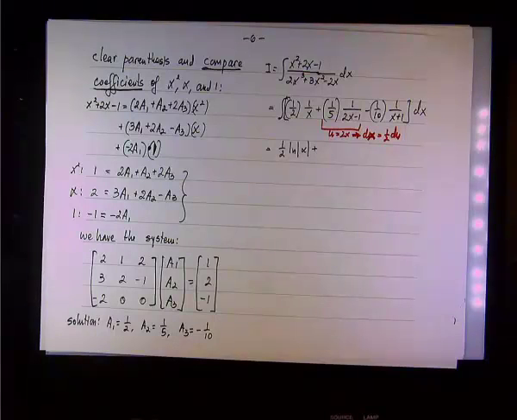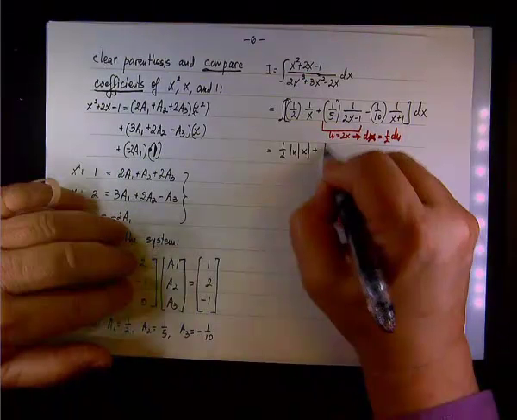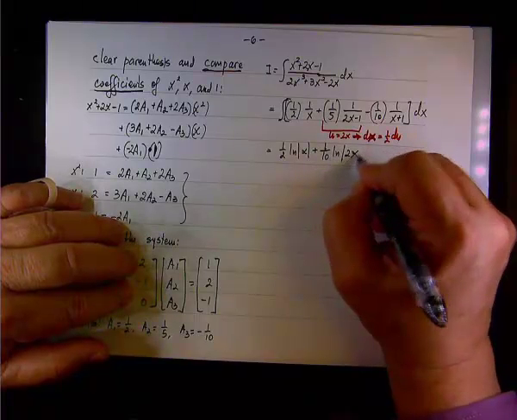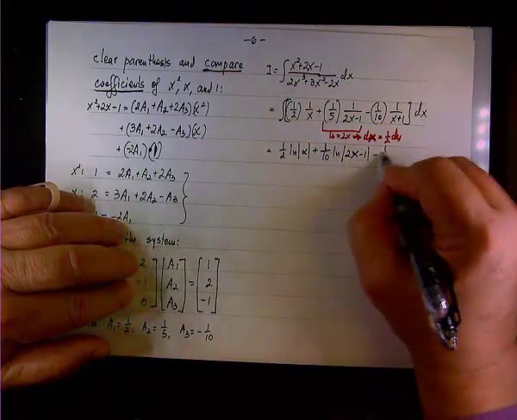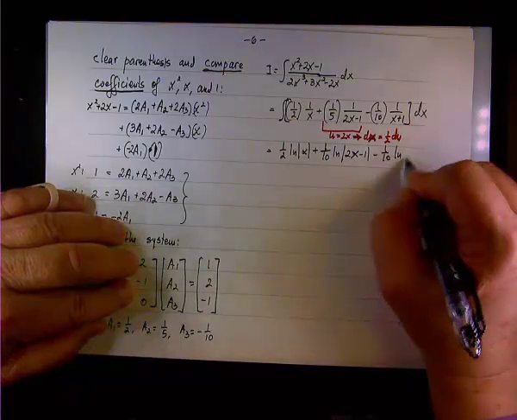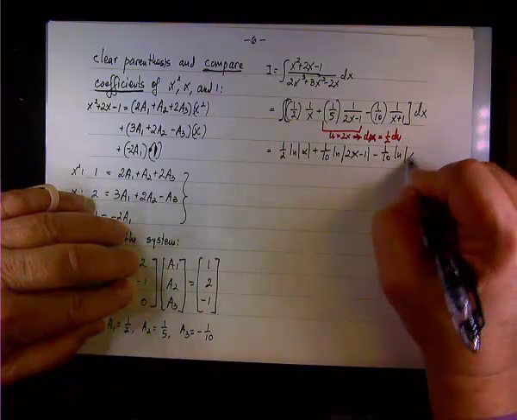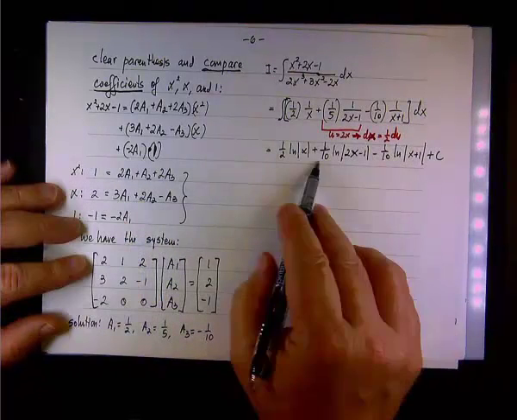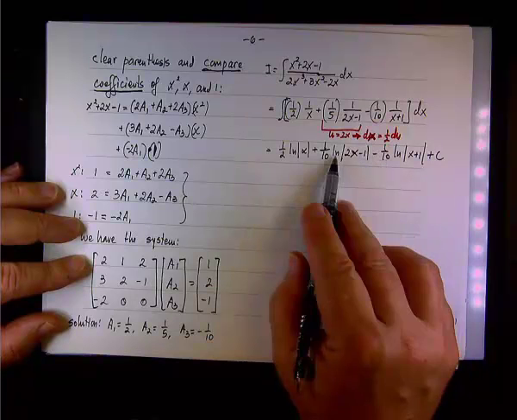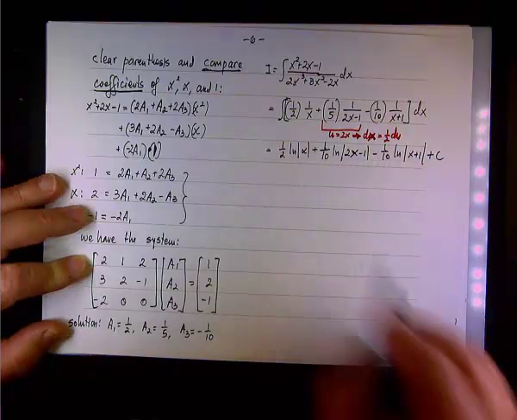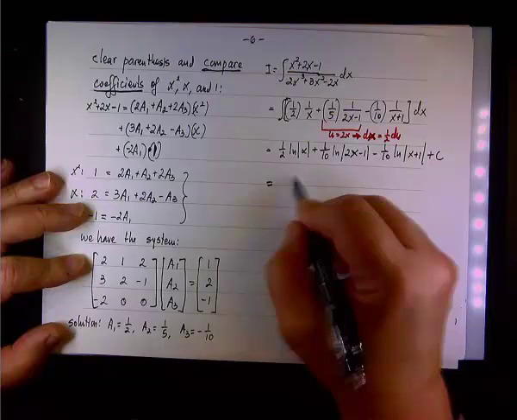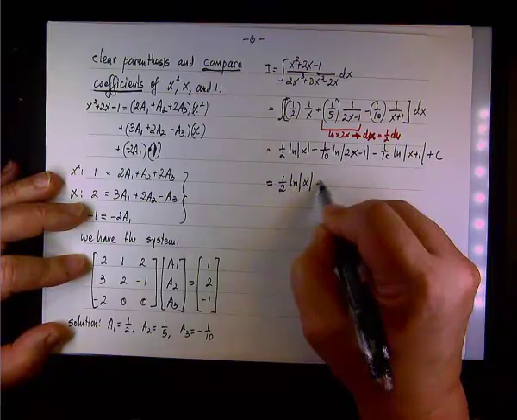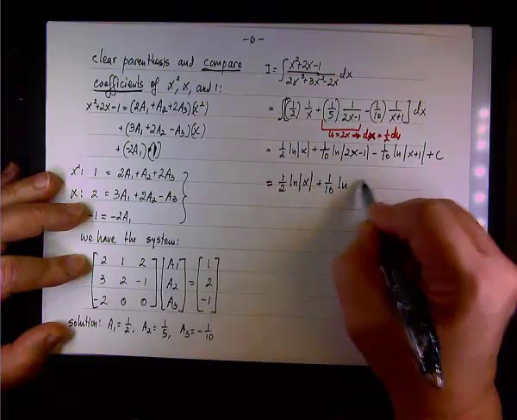Okay, what are the antiderivatives? 1/2 natural log of x. This one I may need to explain, but the result here, if you do u substitution, you let u equal 2x, and dx equals 1/2 du. The result would be 1/10 natural log of 2x − 1.